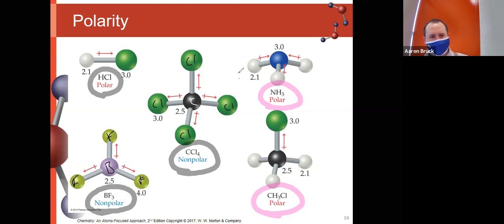Now you may be looking at yourself and saying, okay, I think I see a trend here. Why is ammonia, NH3, a polar molecule then? After all, all of those bonds are nitrogen to hydrogen.